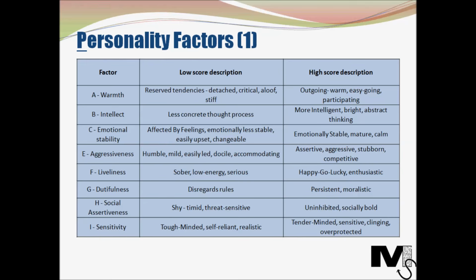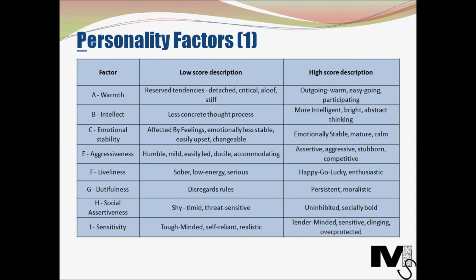And G means dutifulness, and a low score description means a complete disregard of rules at times, and a high score description means being persistent and moralistic. H is social assertiveness, and a low score description can mean being shy and threat sensitive, and a high score description can mean being uninhibited and socially bold.